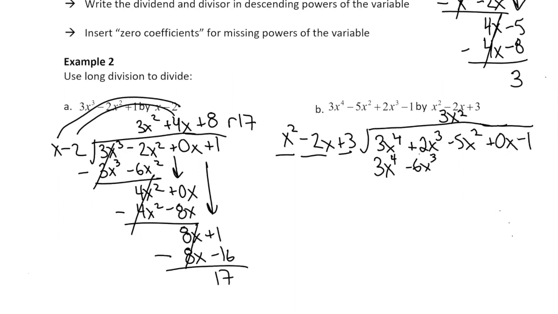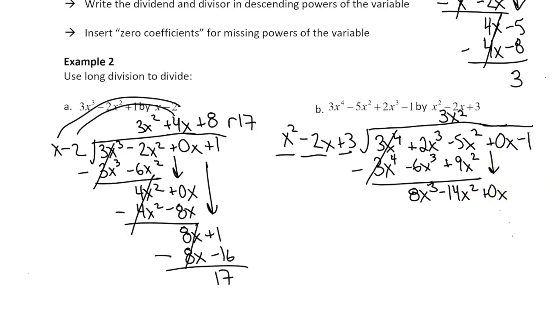And then 3 times 3x squared would be plus 9x squared. We subtract it. Our first terms cancel out. 2 subtract negative 6 would give us positive 8x cubed. And then negative 5 subtract 9 would give us negative 14x squared. And then you carry down the 0x.